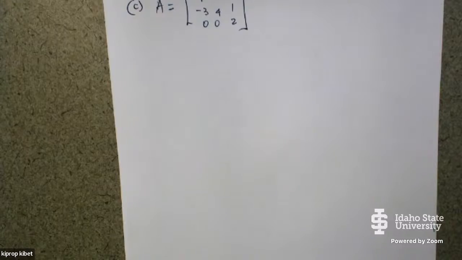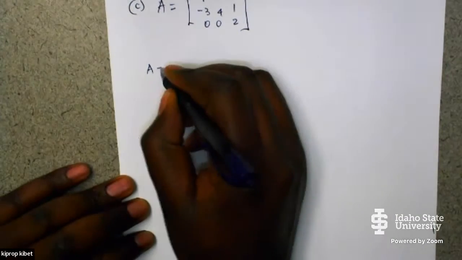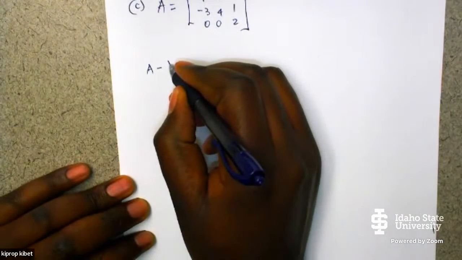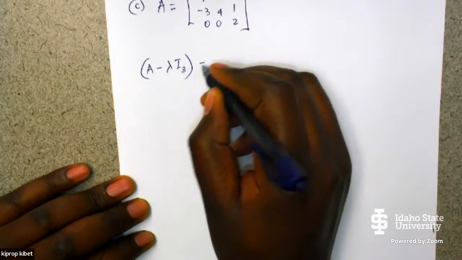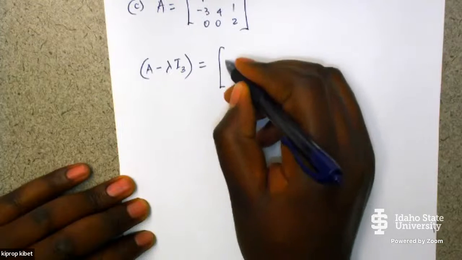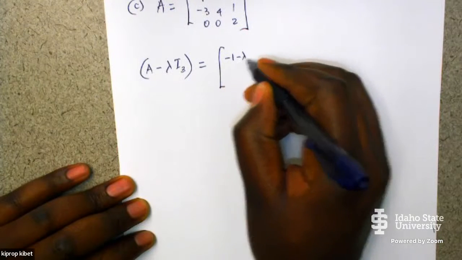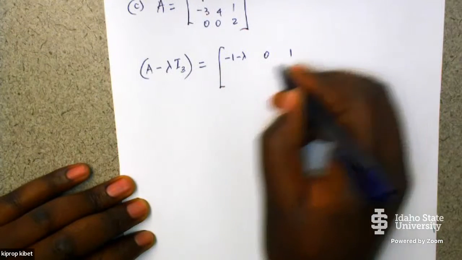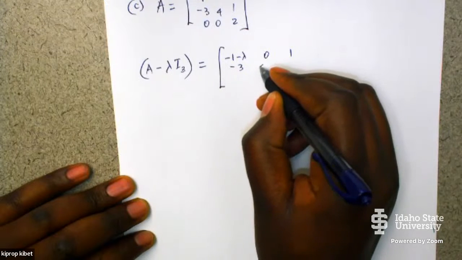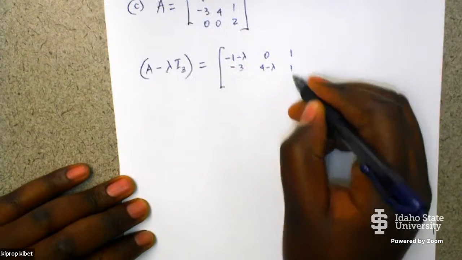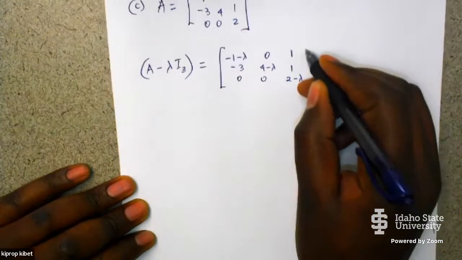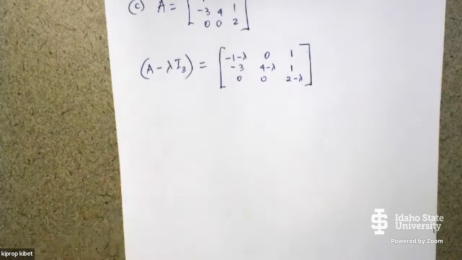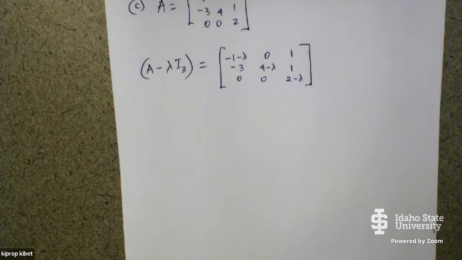Our A minus lambda I3 here is the same as -1 minus lambda, 0, 1, -3, 4 minus lambda, 1, and then 0, 0, 2 minus lambda.